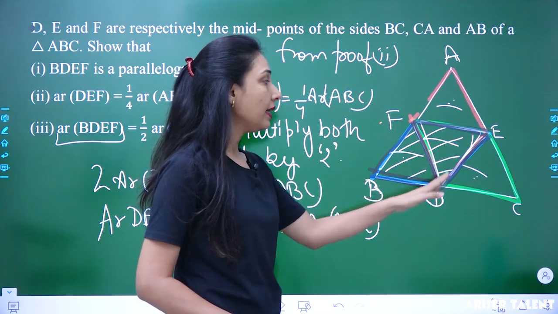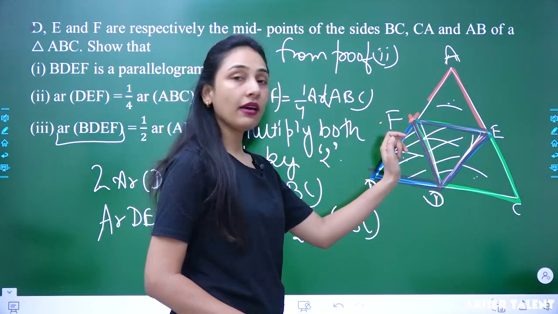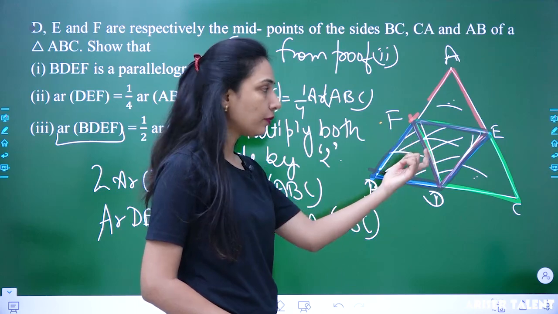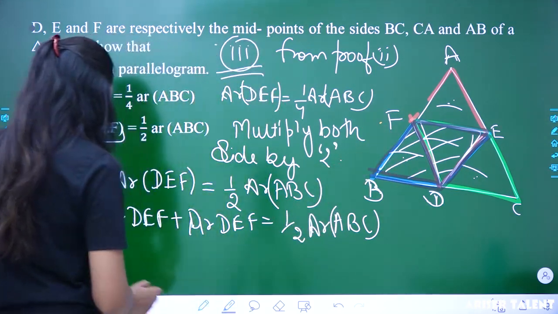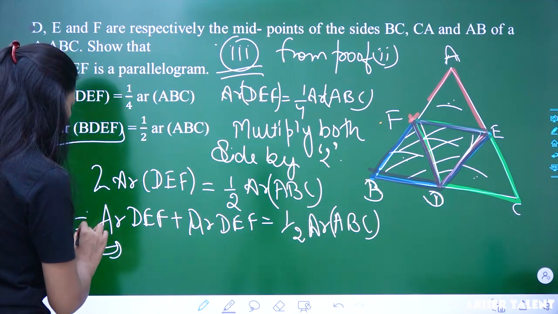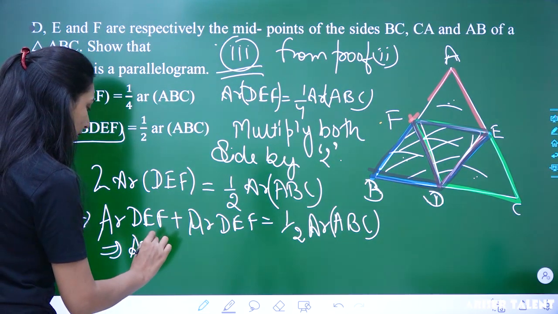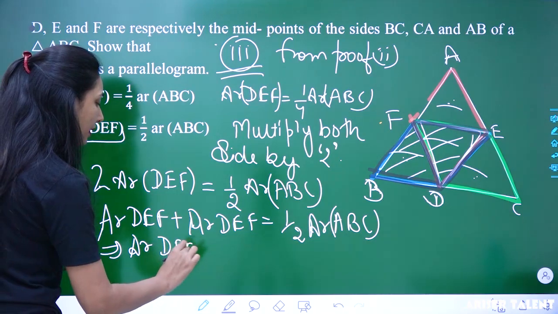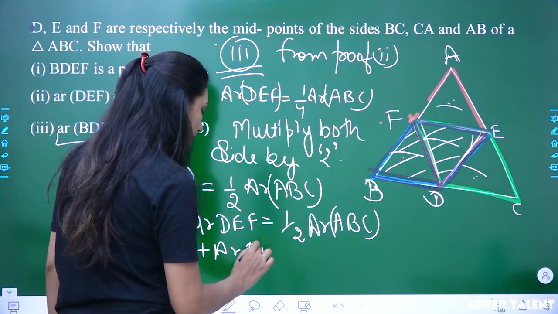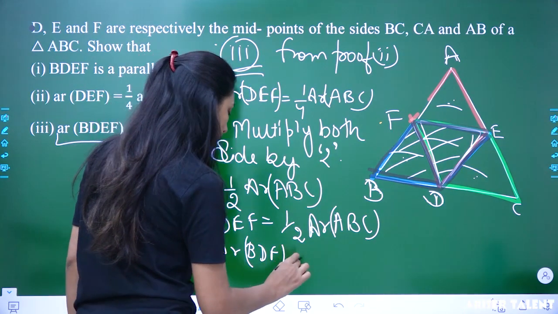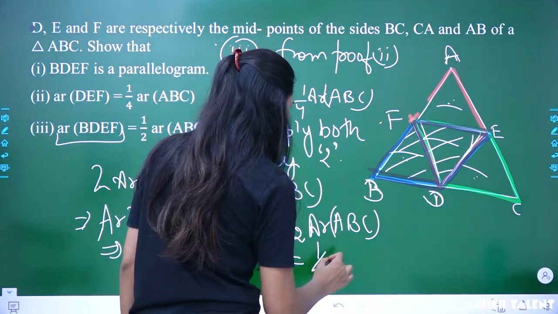Now BDF and DEF are actually equal. We had proved that in the very first thing. Okay, so we can write also here area DEF plus area BDF is equal to half area ABC.